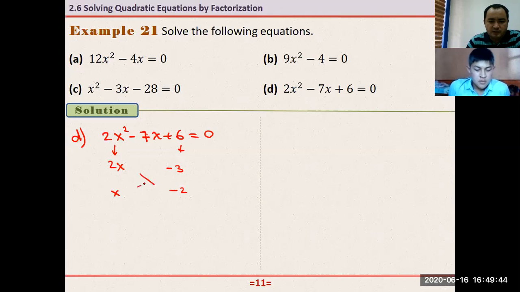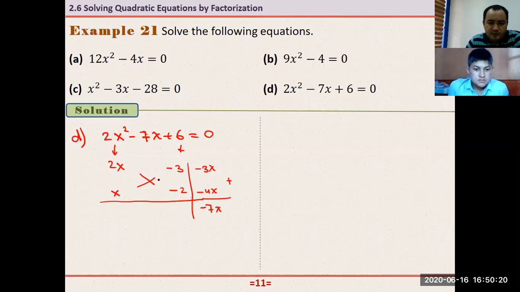When we cross multiply, we have -3x, and 2x times -2 is -4x. The sum is -3x plus -4x, which is -7x. Is it equal to the middle term? Yes, right?